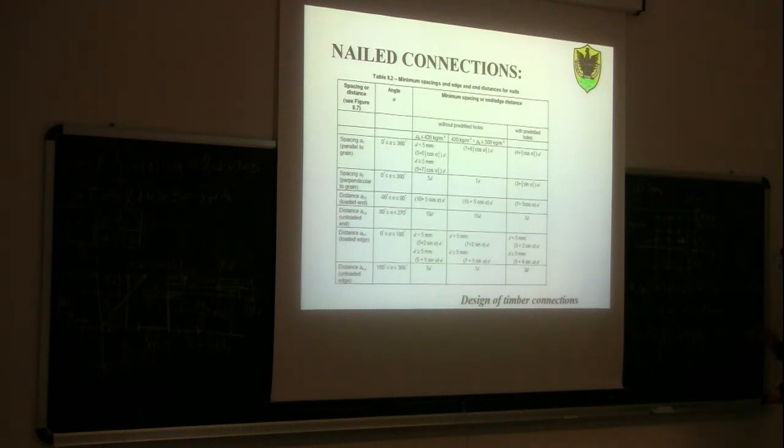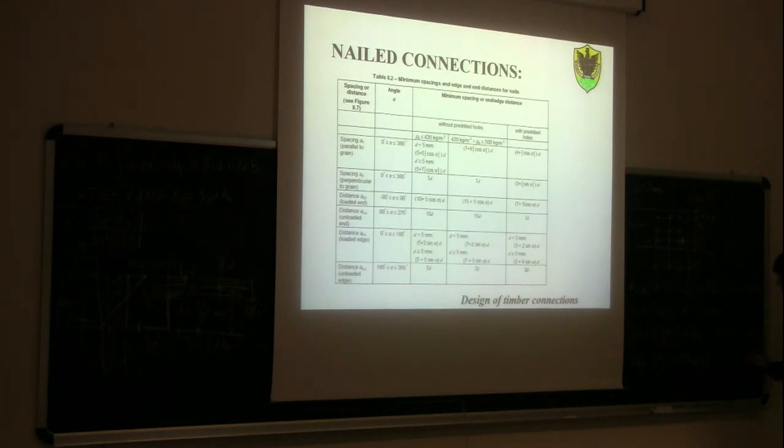And then we have A4,t, which is 5 plus 2 sin alpha times d. Sin alpha is 0 in this case. Sin of 0 is 0, so 5d. Meaning, 5 times 3, 15 millimeter.